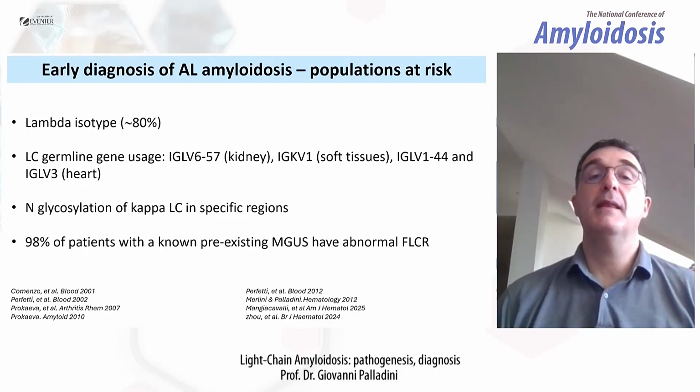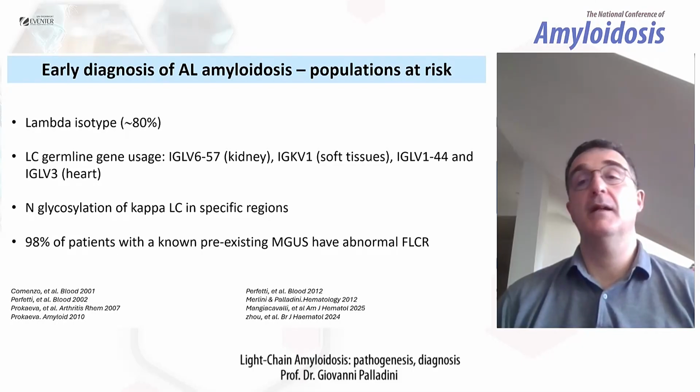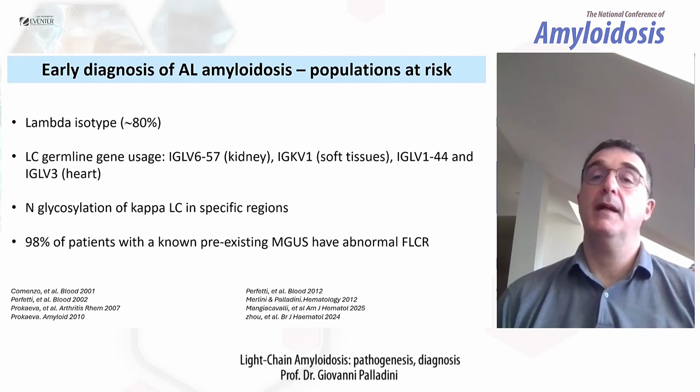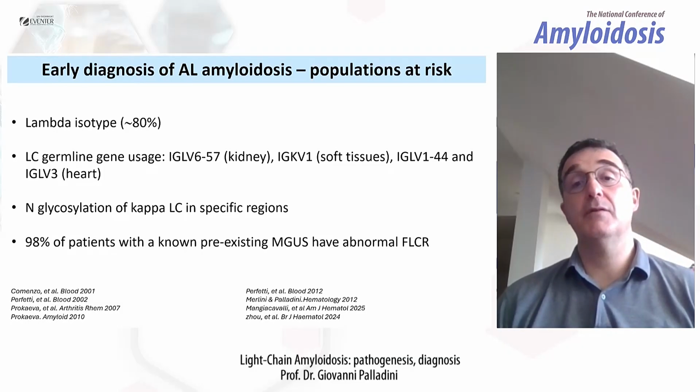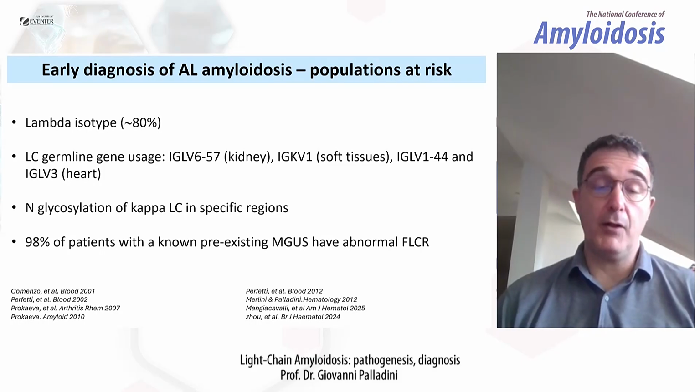For example, the lambda 6 is associated with kidney involvement, and the kappa 1 with soft tissues, and in other studies with liver involvement. And also kappa light chains, when they are glycosylated in specific regions, are prone to produce light chain amyloidosis.